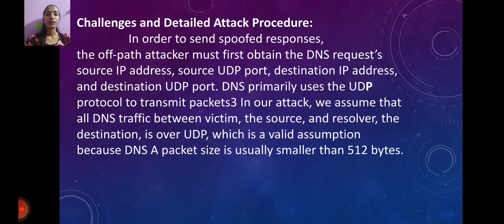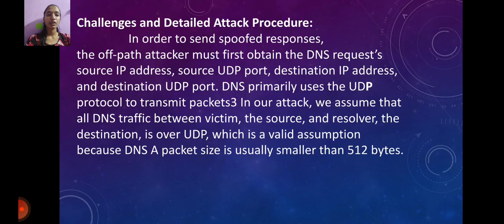Challenges and detailed attack procedures. In order to send spoofed responses, the off-path attacker must first obtain the DNS request source IP address, source UDP port, destination IP address, and destination UDP port.